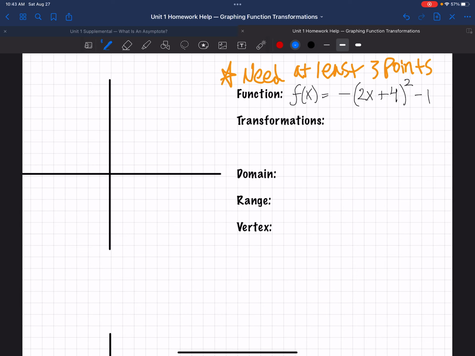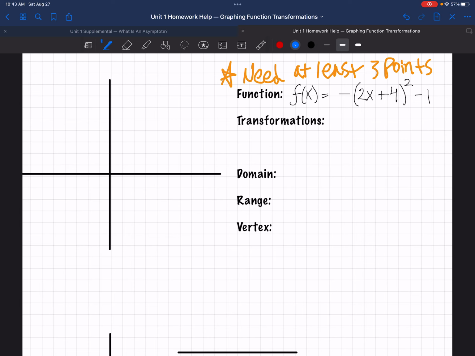It helped me a lot in understanding graphing, because when I first started graphing, I felt like I had no idea what I was doing. I had no idea how to read domain and range. It made no sense to me. But by practicing this, by graphing at least 3 points and really carefully plotting these functions, it helped me a lot. So I'm trying to do the same for you.